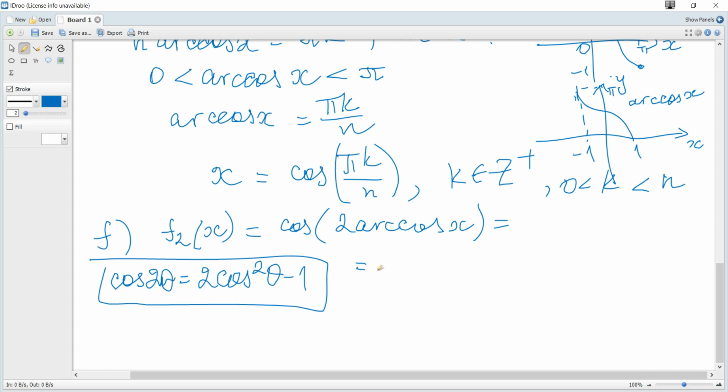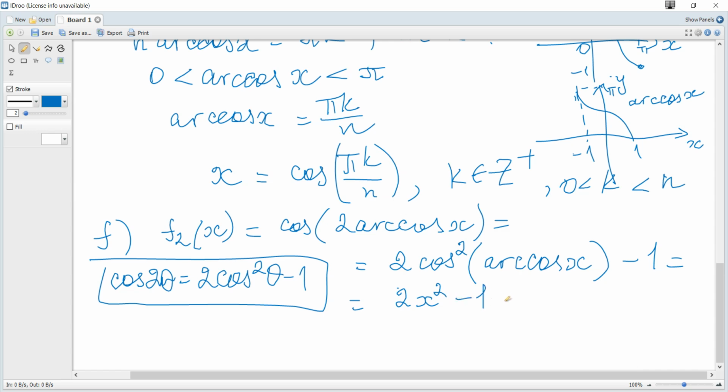So we can rewrite it as 2 cosine squared of just arc cos of x, minus 1, and cosine of arc cosine is just x. It's squared, so it will be x squared, so it becomes 2x squared minus 1 as required.